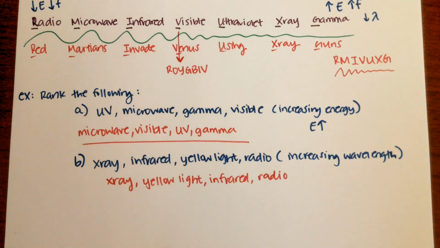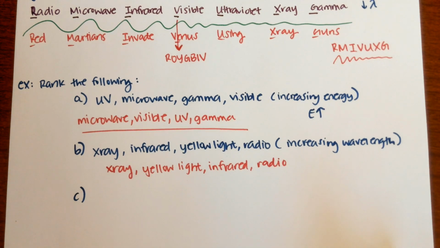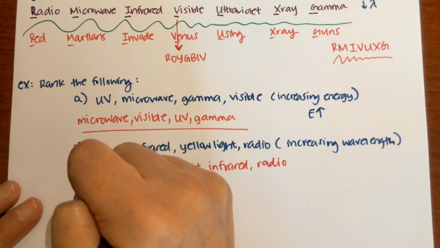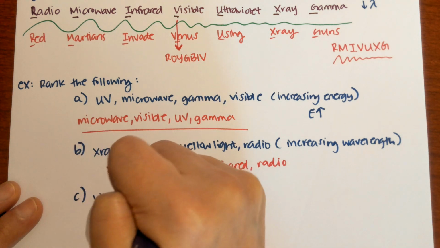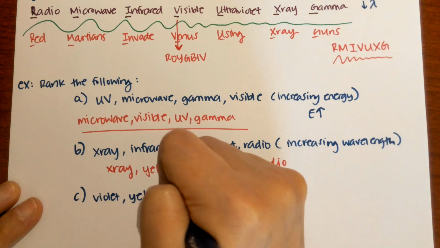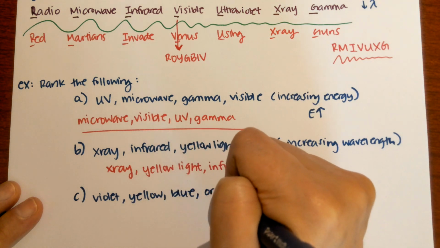Alright, next I'm going to have you rank the colors of the ROY G. BIV. So I'm going to give you violet, yellow, blue, and orange.